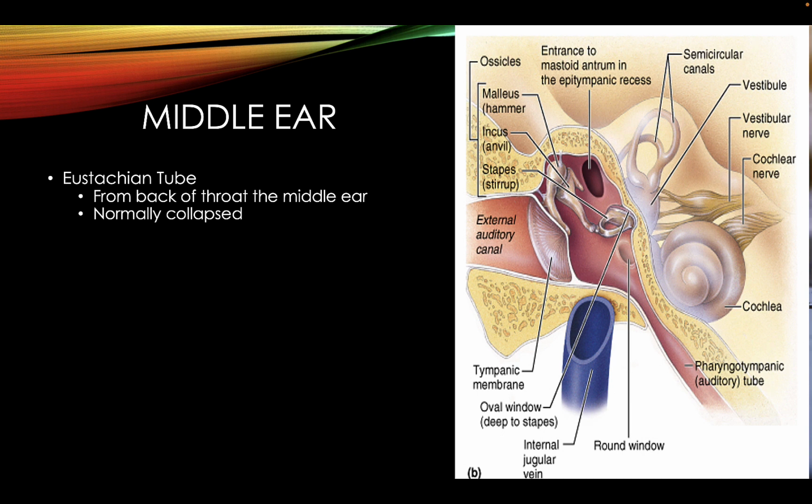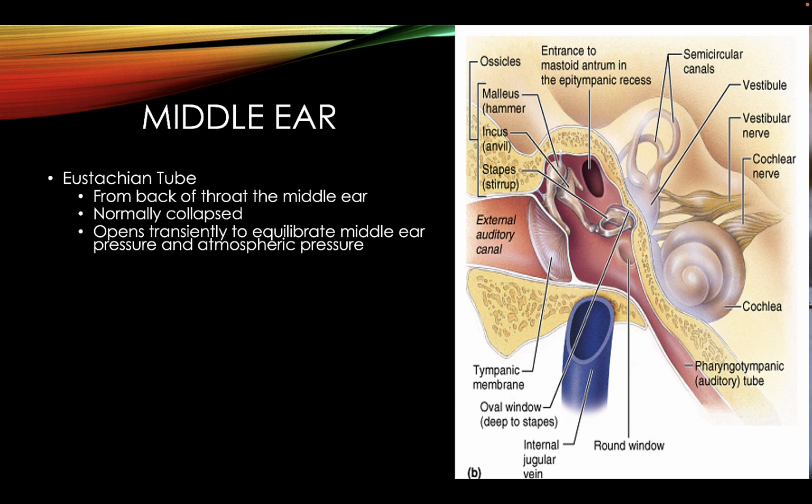But the whole reason that we have this tube is because it can open, and as it opens, it helps to normalize pressure. So if you are driving up a hill or down a hill and you feel your ears popping, that's the equilibrating or normalizing of the pressure in your middle ear with the pressure outside in the atmosphere.